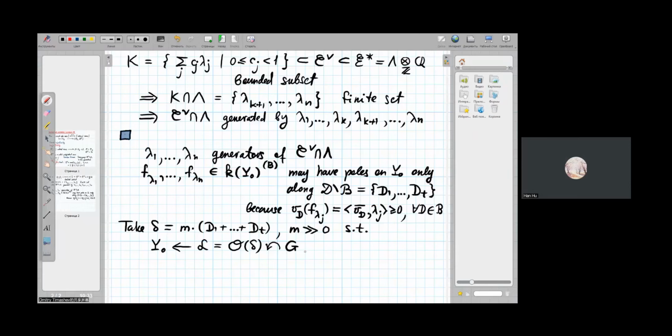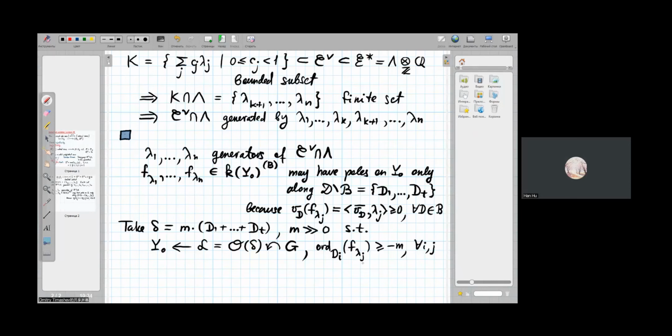And also we want to take m big enough such that the vanishing order of all these functions f lambda 1, f lambda n along all the divisors D1, Dt, so the vanishing order of f lambda j along Di, is greater or equal than minus m for any i and j ranging in the respective range.